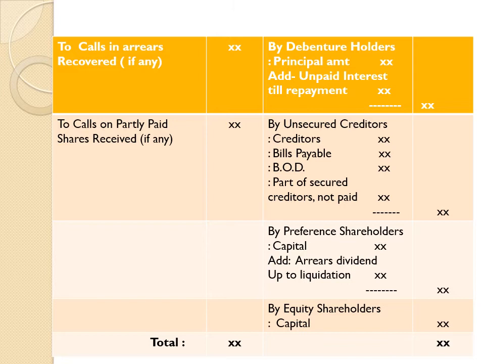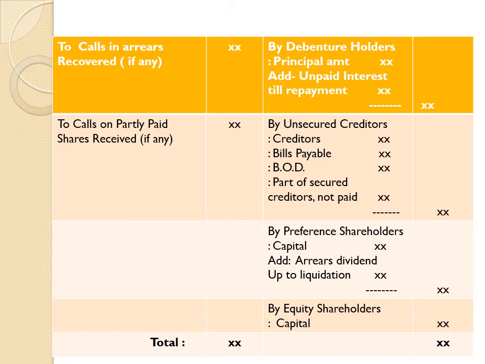Then preference shareholders. Under this, two things are mentioned. First is capital. Add arrears of dividend up to liquidation. That is very important. We are considering dividend up to the liquidation date.